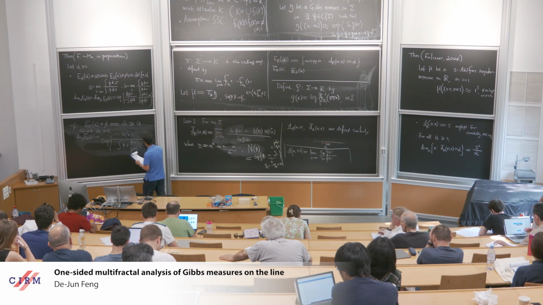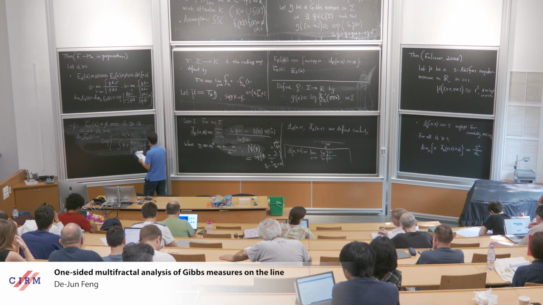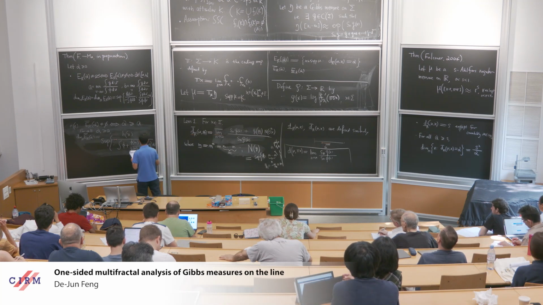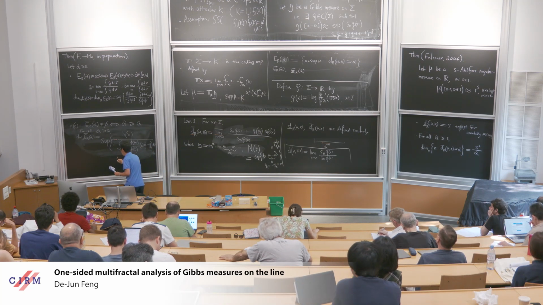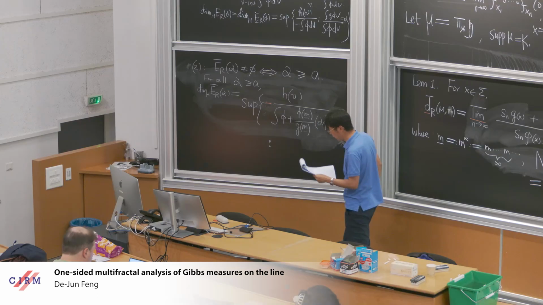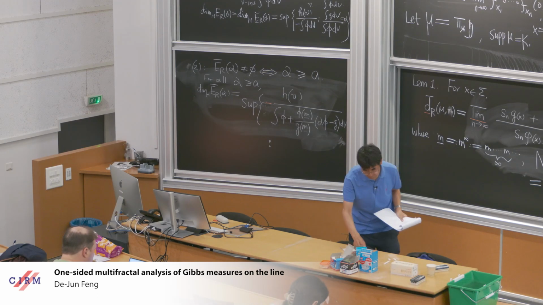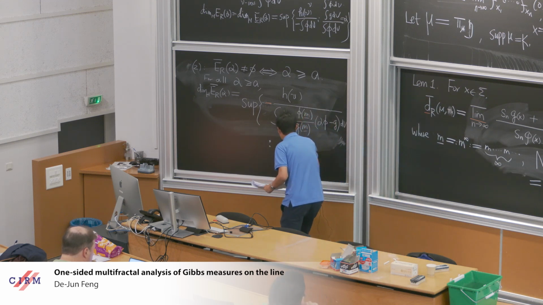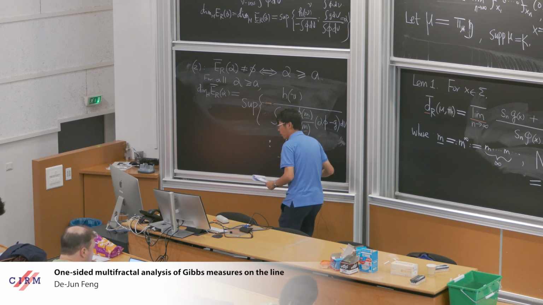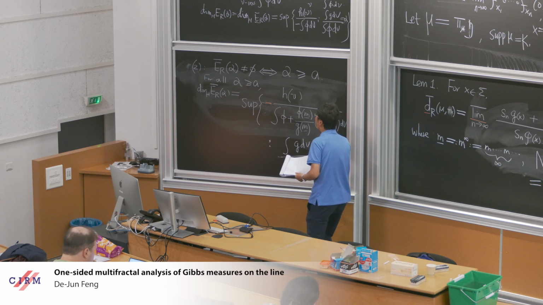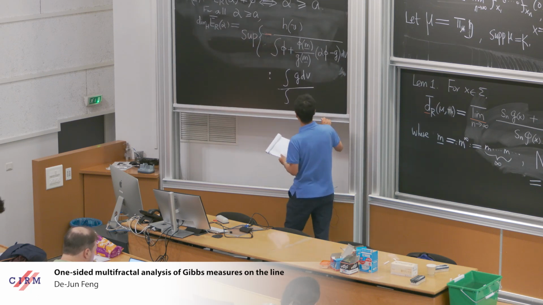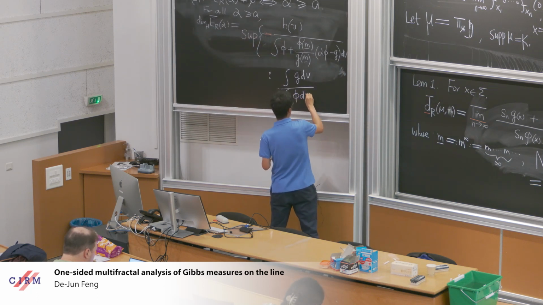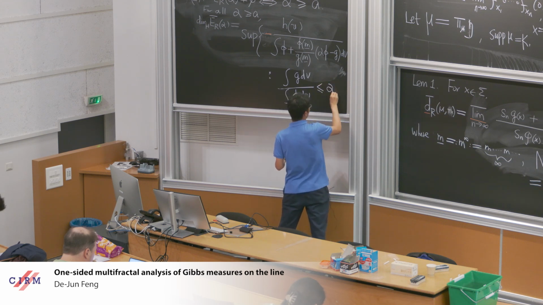times the potential alpha phi minus g d nu, with a constraint that integration of g d nu, sorry, this one, phi d nu less than or equal to alpha.